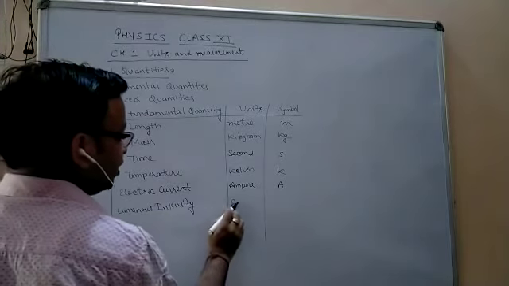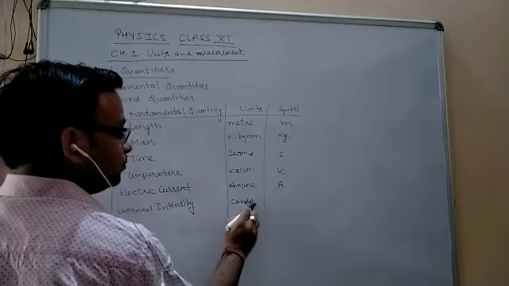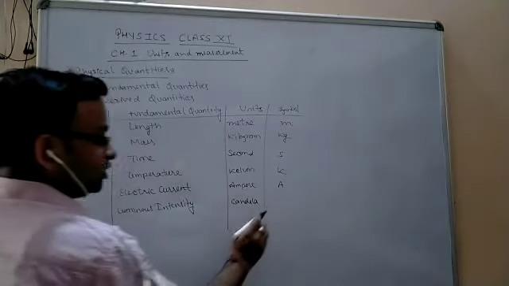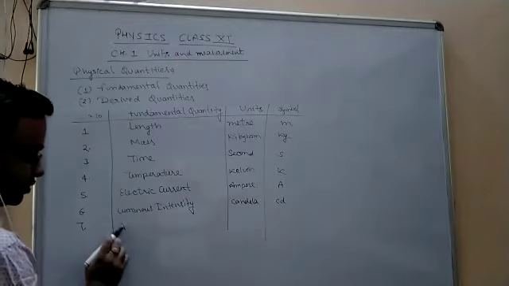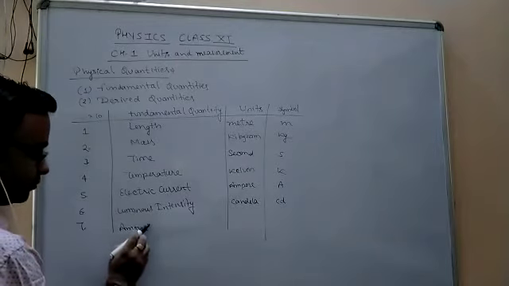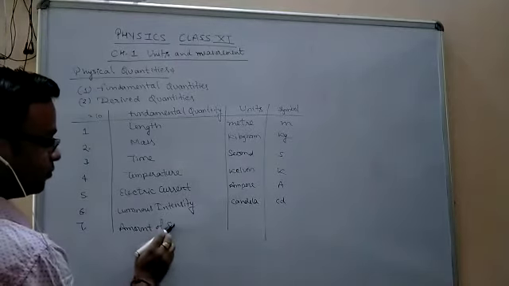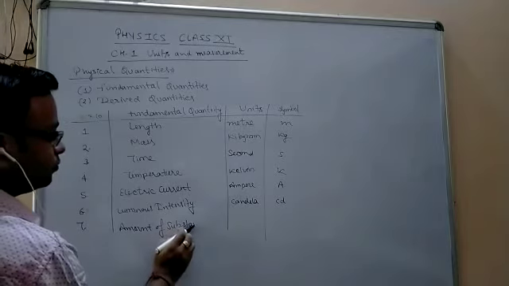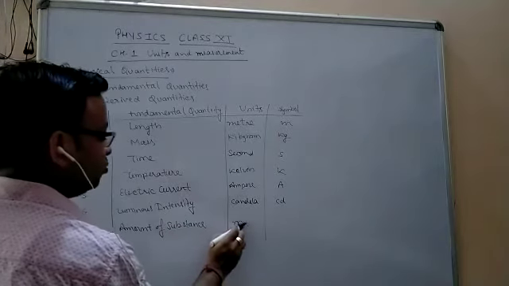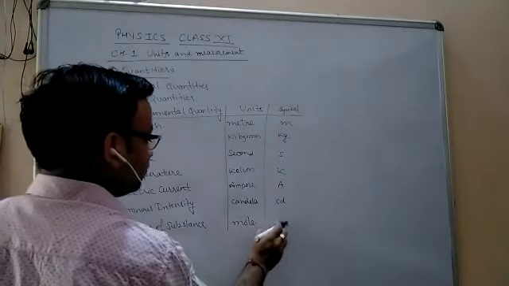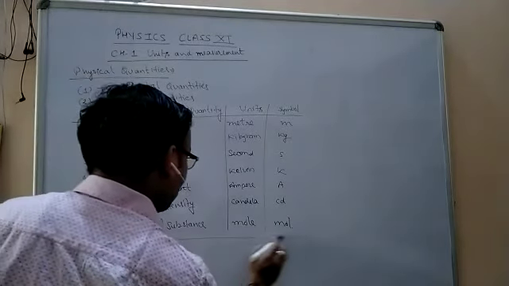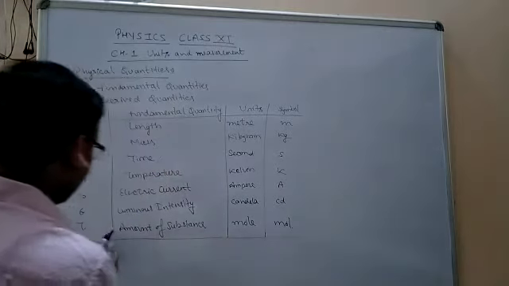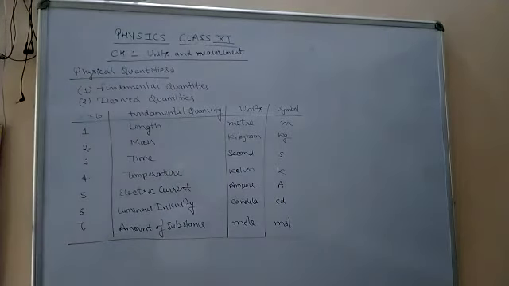Luminous intensity unit is candela, its symbol is cd. And seventh is amount of substance. Its unit is mole, denoted by mol. Okay, so there are 7 fundamental quantities and its units.